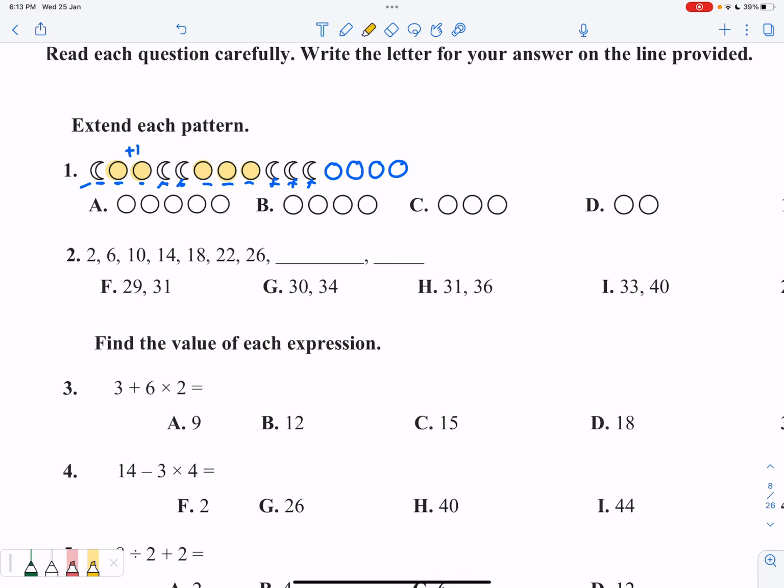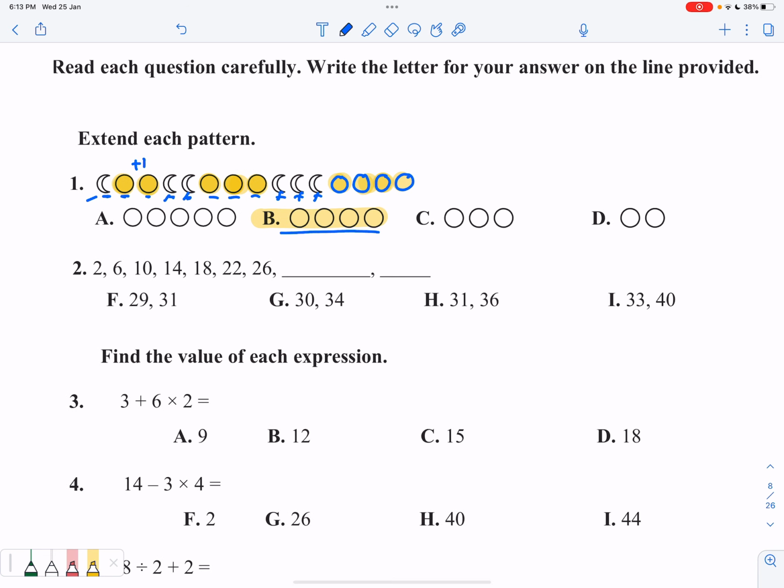So the same rule applies: each time we're adding 1. So we started with 2 circles, then 3 circles, then of course 4 circles. So the correct answer is 4 circles, which is answer B.